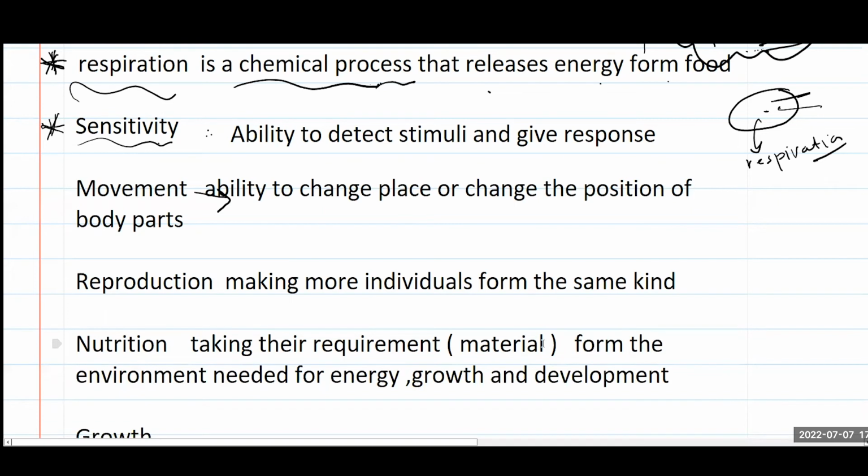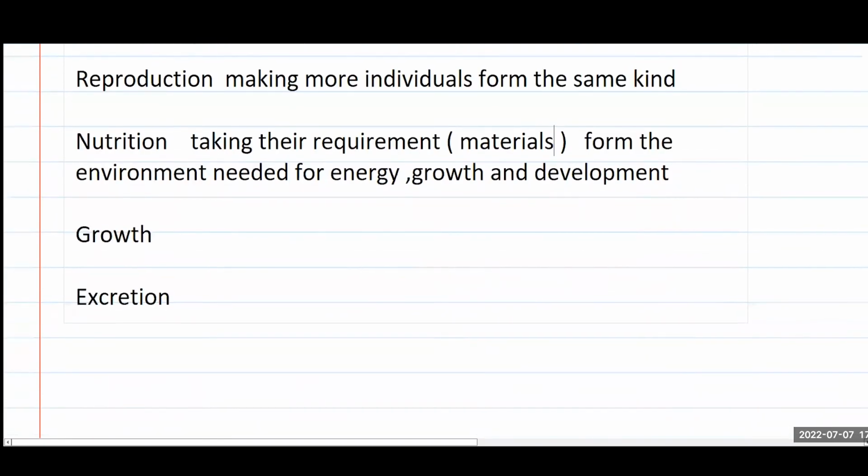What about growth? Who can define the word growth? Some students usually write increase in size. I agree with them. It's an increase in size. But if I had a balloon and I blew that balloon, it increased in size. But can we consider it growth or not? Could you answer me?